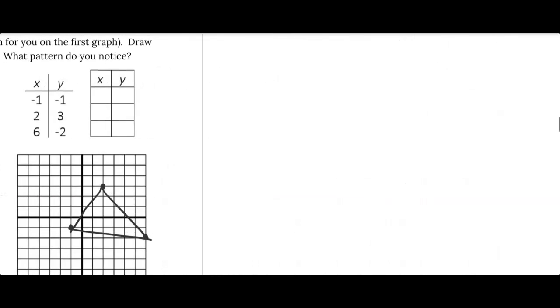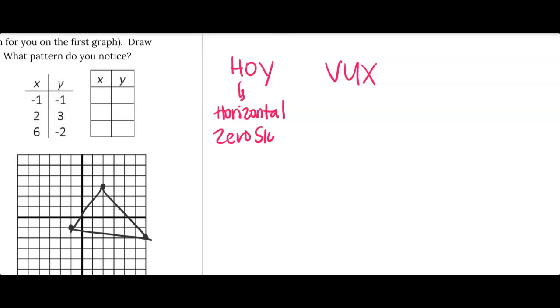Remember in Math 1, you probably heard the acronym HOY and VUX. So remember, horizontal lines have a 0 slope and go through the y-axis, or have an equation that is y equals some number.